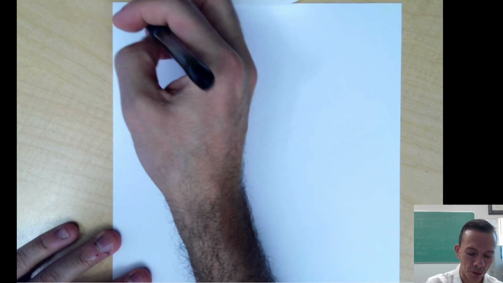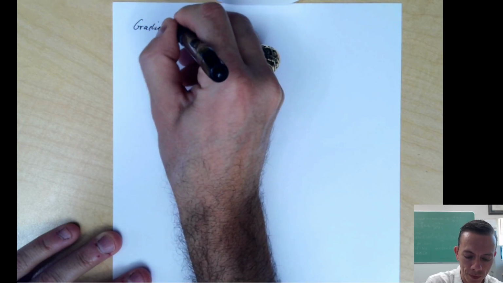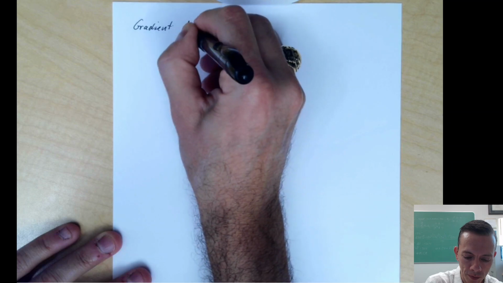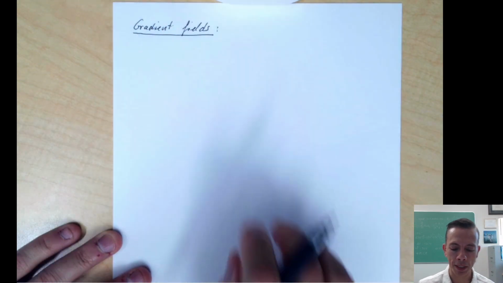So there is one type of vector field that everyone has already seen from Calculus 2. These are gradient fields. And these are vector fields that are created by taking the gradient of a scalar function of multiple variables.